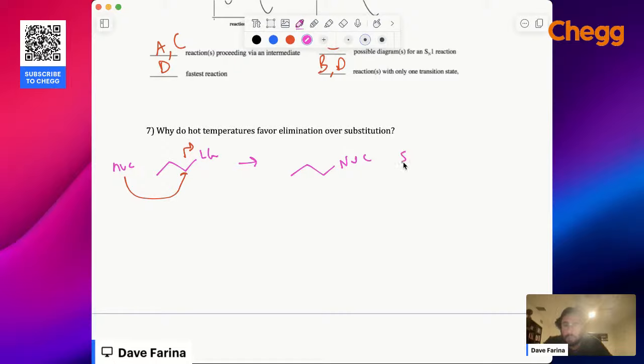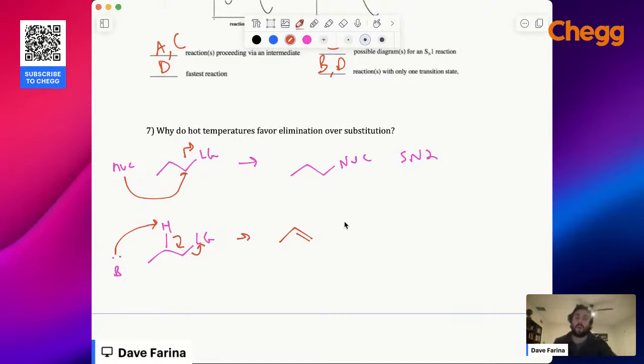So that would be SN2, right? Now, instead, let's say we have a leaving group, and we have some base, and we have a proton there, and the base takes the proton, and then this goes here and kicks that off, and we get the alkene product.